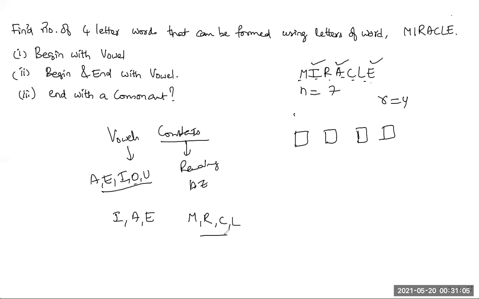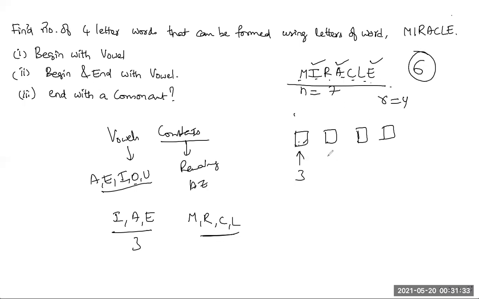Okay, so beginning with a vowel, the number of choices for filling the first letter is 3, because there are only 3 vowels in the given set of elements, and the remaining you can fill with anything you want. It can be either a vowel or a consonant. So after filling the first block, out of the total 7 letters, 6 elements will be remaining.